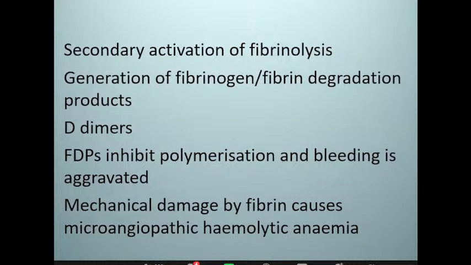There is also a secondary activation of fibrinolysis, because the fibrin that is formed in the microvasculature has to be removed, and it's degraded, and we get fibrin degradation products which are formed. The smallest molecules of these degradation products are known as the D-dimers.